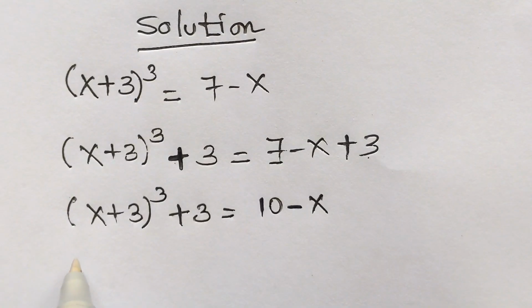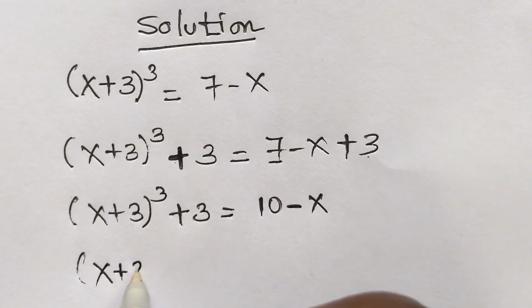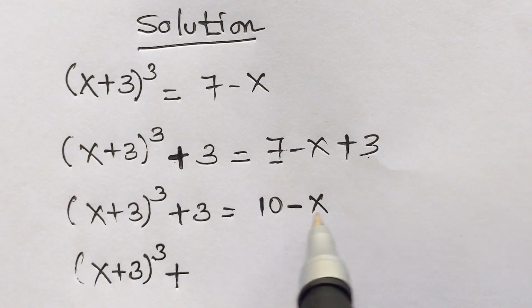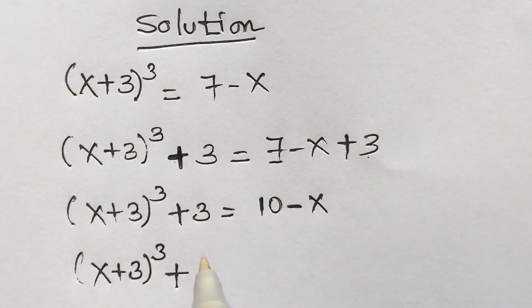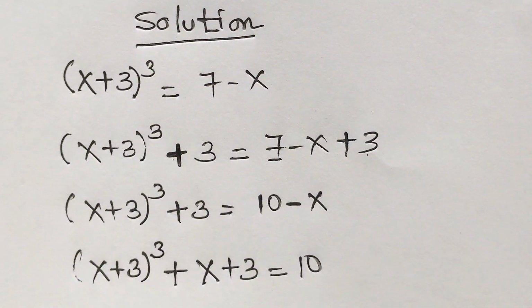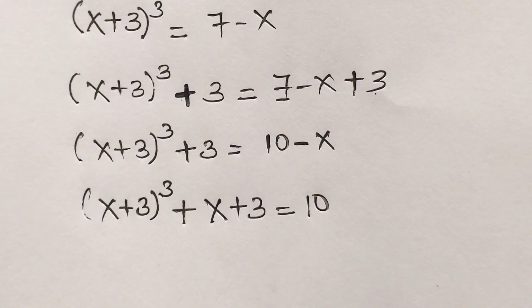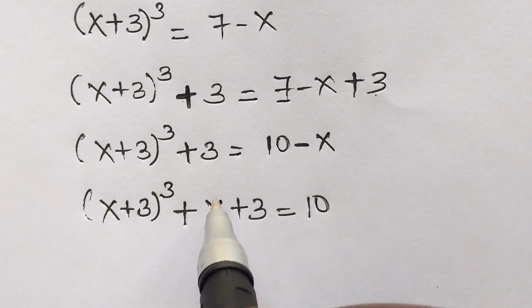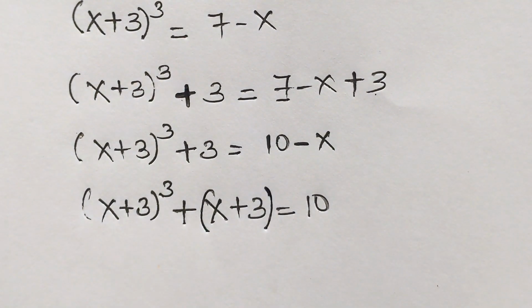At this stage we shall write x plus 3 to the power 3, then plus, we are going to change the position of this negative x to get plus x plus 3, which equals 10. Then we have x plus 3 to the power 3, and plus x plus 3.